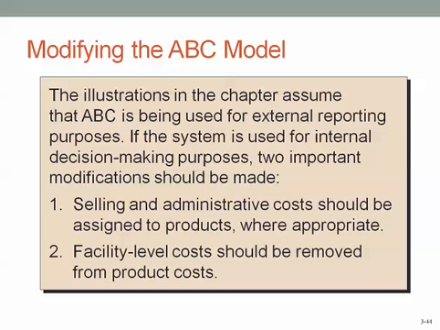First, rather than just allocating manufacturing or product cost or manufacturing overhead to our products, we should also think about allocating our selling and administrative overhead costs to products. In addition, another modification that's often made is removing facility level cost from our product cost, as these are fixed and won't vary based on the number of units we produce.